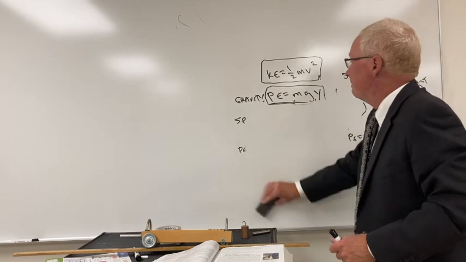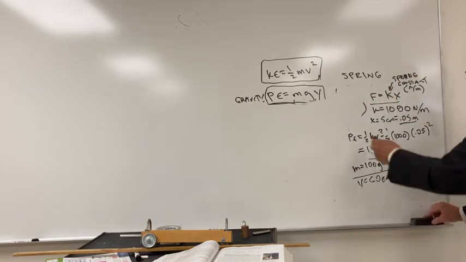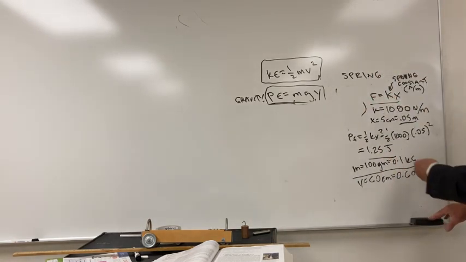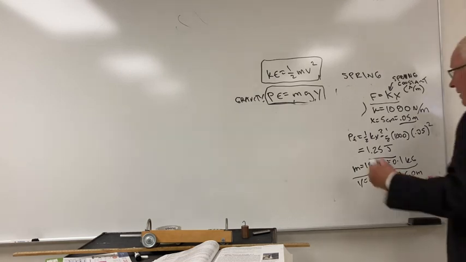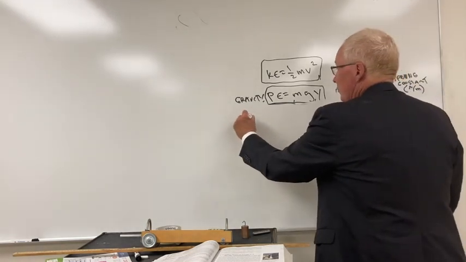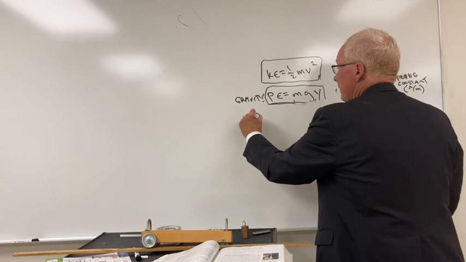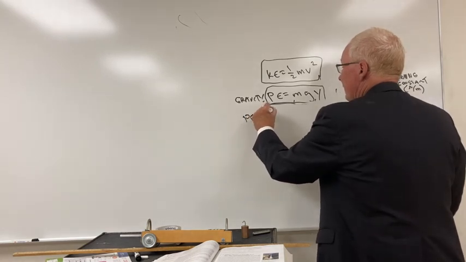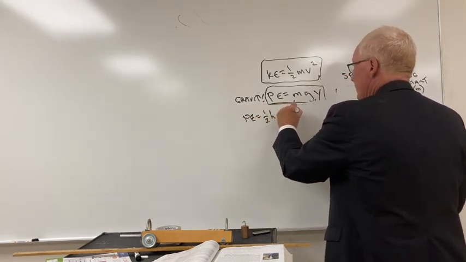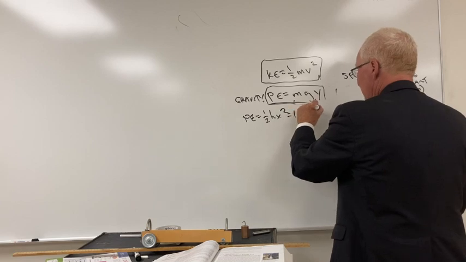All right, so let's clean this up a little bit. So the potential energy of the spring is 1.25 joules. Then that converts to potential energy of 1/2 kx squared is 1.25 joules.